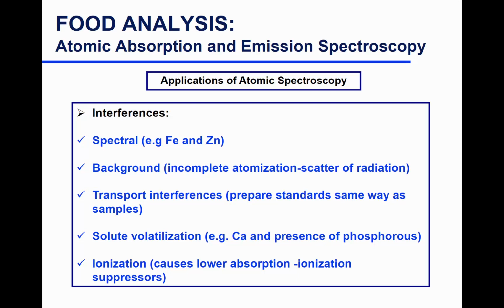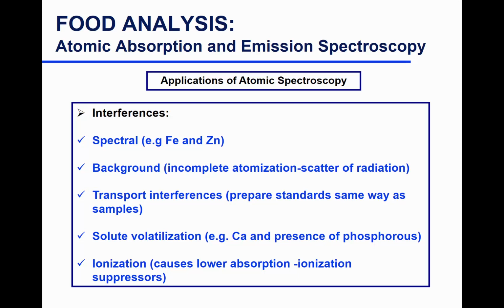And if it scatters light, the transmitted light is going to be less. So the computer program is going to interpret this as higher absorption because less transmittance reached the detector. So incomplete atomization causes overestimation.